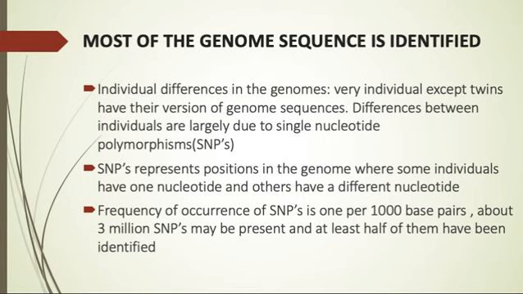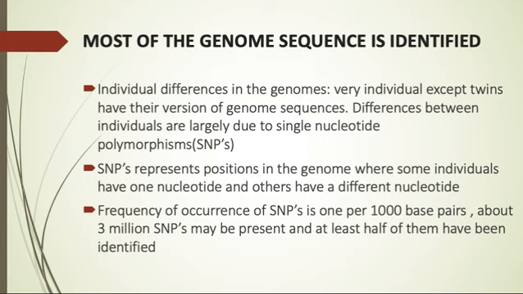A single nucleotide polymorphism represents a position in the genome where some individuals have one nucleotide and others have a different nucleotide. The frequency of occurrence of single nucleotide polymorphisms is 1 per 1000 base pairs. About 3 million single nucleotide polymorphisms are present and at least half of them have been identified.